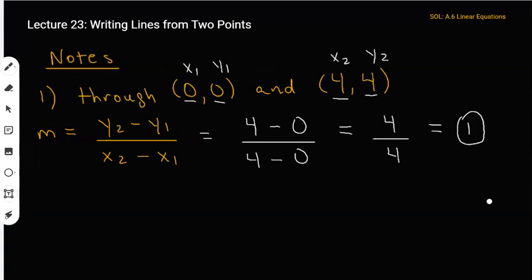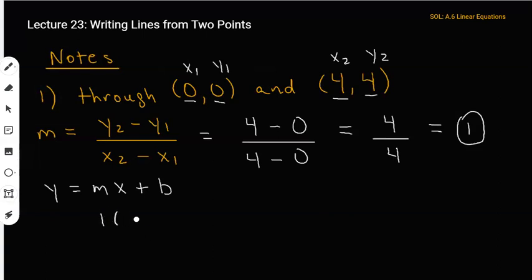And now that I know what the slope is, I can figure out what the y-intercept is, which is going to be b. The way that I do that is I use y equals mx plus b. We have our slope, so my m is going to be 1.